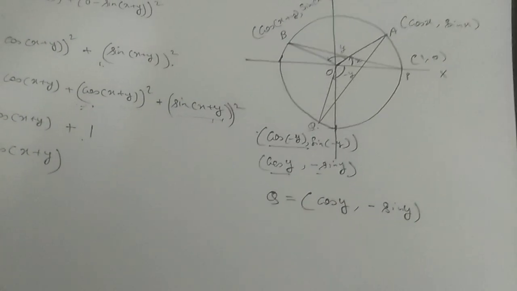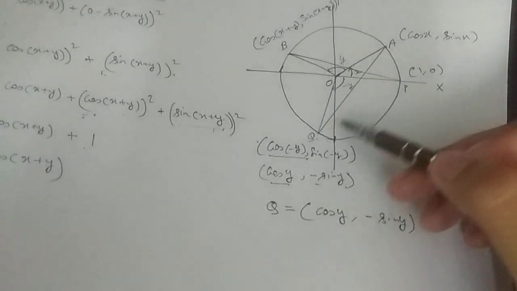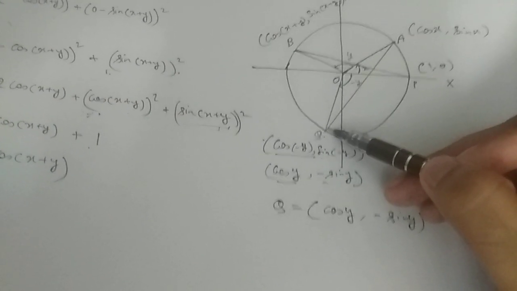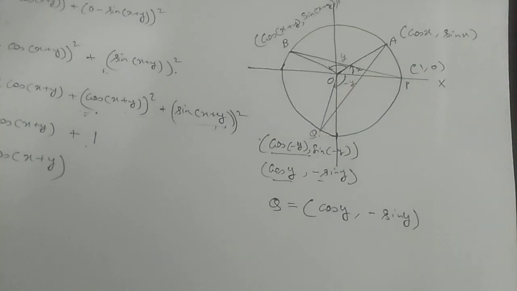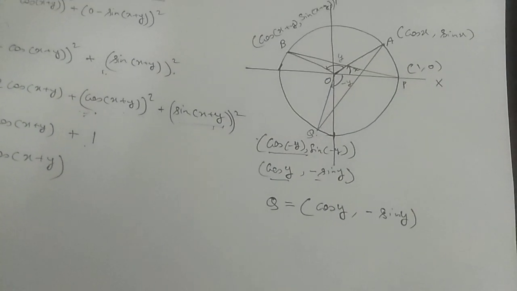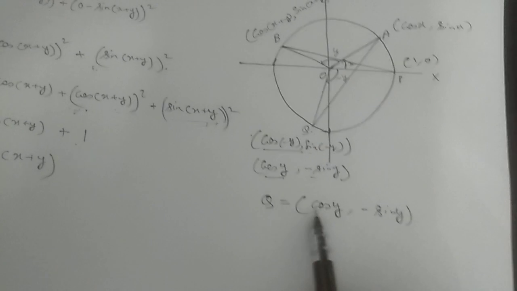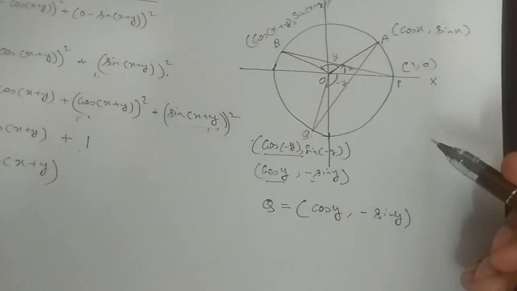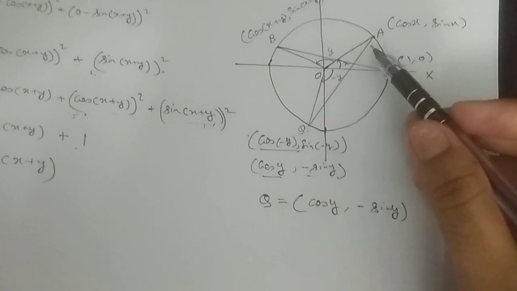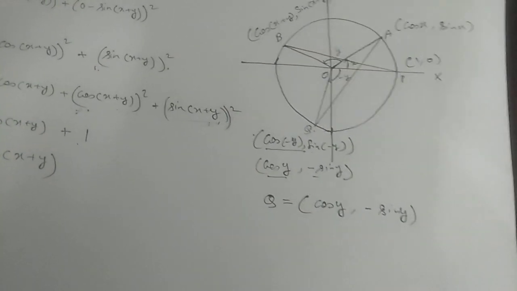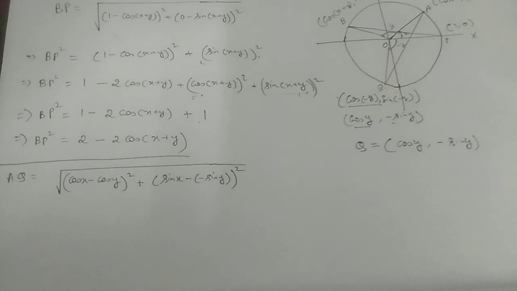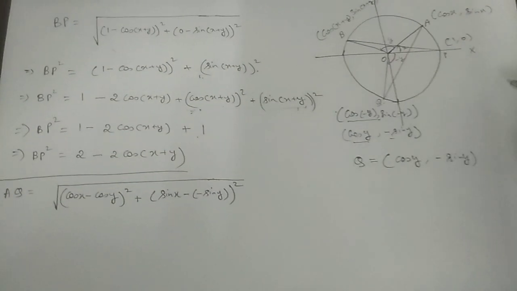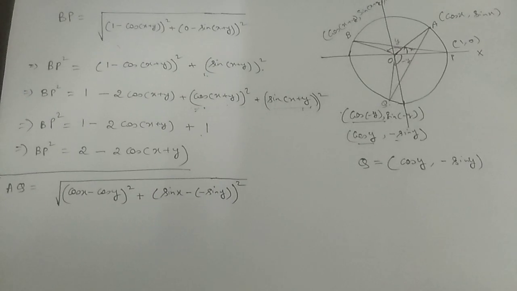Now let us join point A and Q, where Q is the point that we have got by subtending one angle y in clockwise direction, and whose coordinates become cos y, comma minus sine y. Now our next task is to find out the length AQ. So from the distance formula, we are getting AQ as square root of (x2 minus x1) whole square plus (y2 minus y1) whole square.